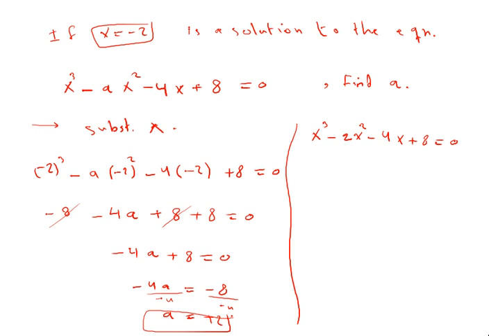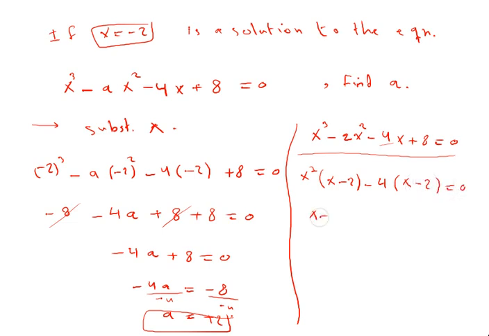If we are asked to find the other roots of the equation, we can take a common factor. From x cubed and minus 2x squared, x squared is a common factor, leaving x minus 2. Minus 4 taken out leaves x minus 2 equals 0.